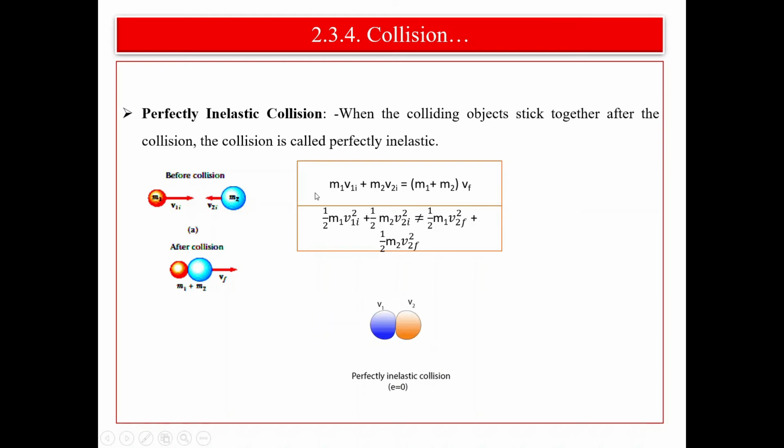Like this one, m1 v1 plus m2 v2 equals the two masses added together, because they go together, so they have the same final velocity. So this is an example of a perfectly inelastic collision. Again here, the initial kinetic energy is different from the final kinetic energy due to the loss of energy in different forms.